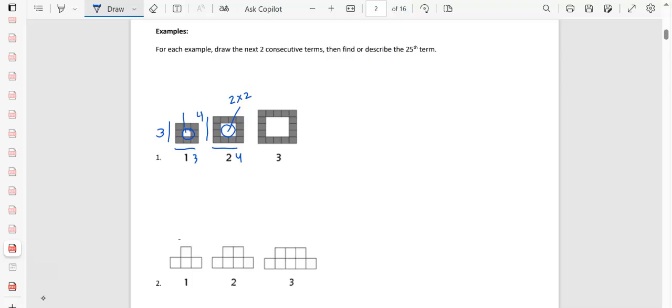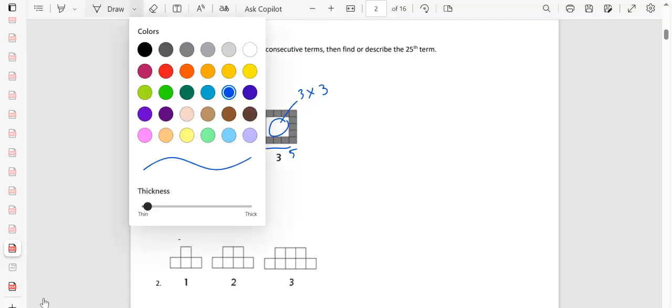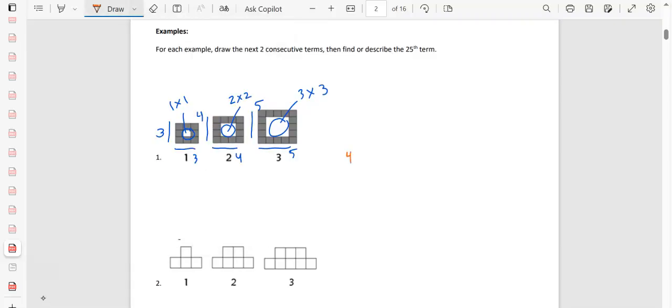So if I come back here, this is a 1 by 1 square missing. And then for term 3, I have a 5 by 5 with a 3 by 3 missing. So when I go to term 4, I'm going to just continue the pattern that I had here. So if term 3 has 5 blocks across, term 4 will have 6.